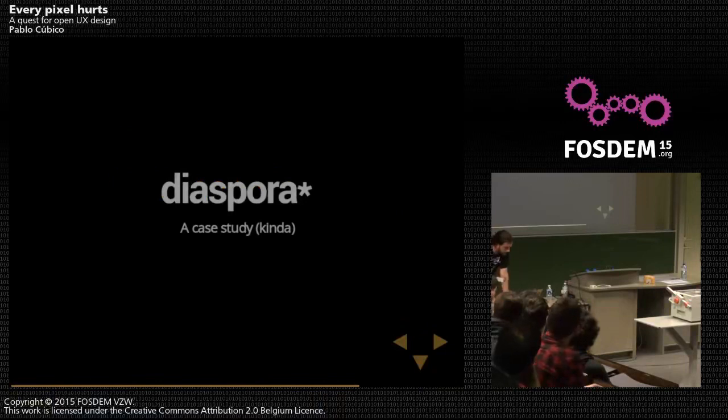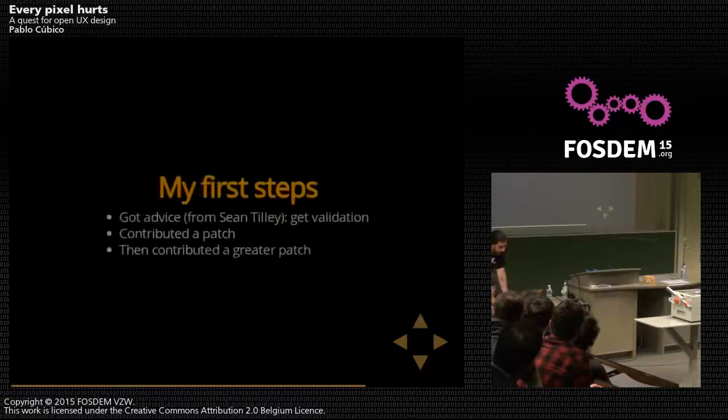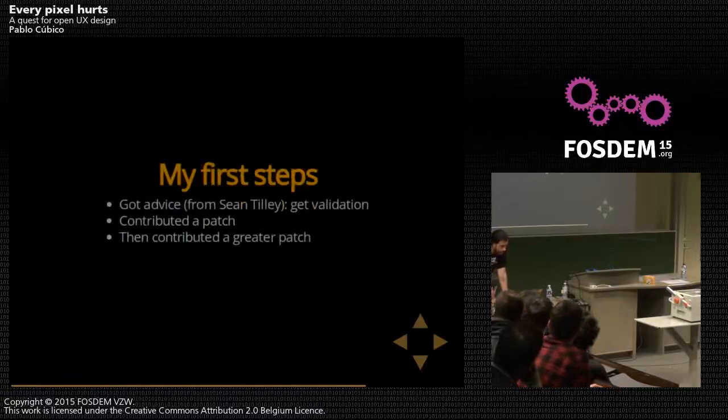I'm going to show you a little of what my experience was with Diaspora last year. So I got validation with what was like an advice I got from Sean Tilley. He told me, write a patch, write something small, send a small pull request, and you'll get validation from the community, and then you will be able to suggest more changes.